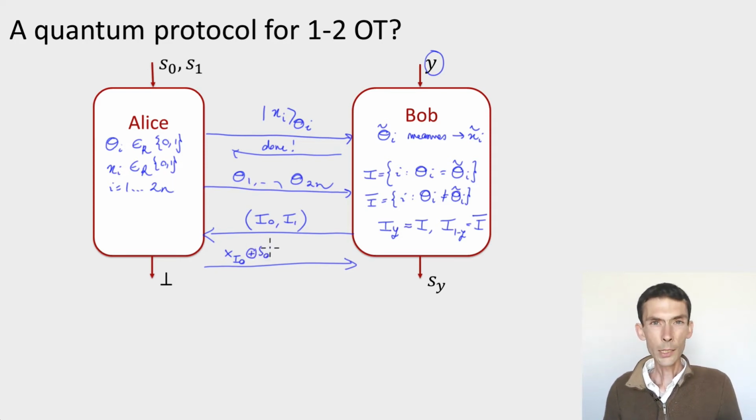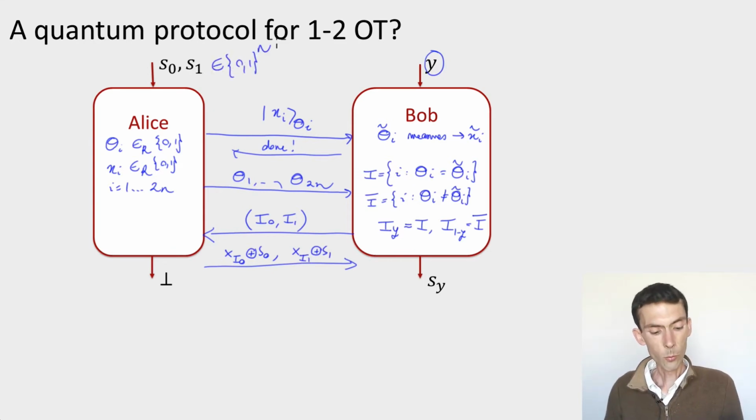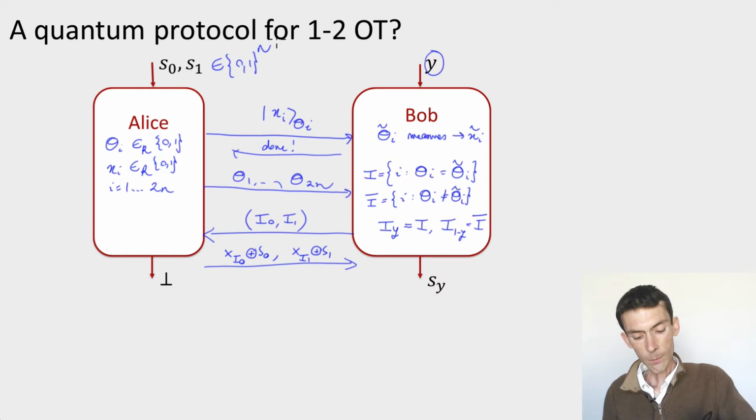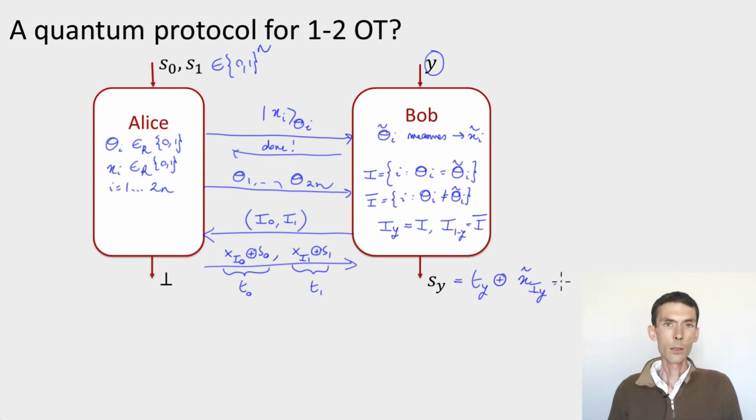So if my set really has n indices, S_0 is an n-bit string, so I can do this, and then x_{I_1} XORed with S_1, right? Let's have these be n-bit strings. She sends this over to Bob, then Bob simply outputs S_y, which will be equal to what he received from Alice for the y, let's call it t_0, and this t_1, so he computes t_y XOR with his own outputs, x tilde_{I_y}. That's the protocol.